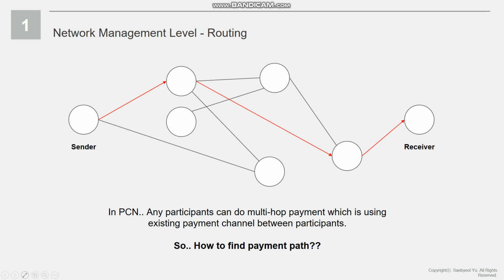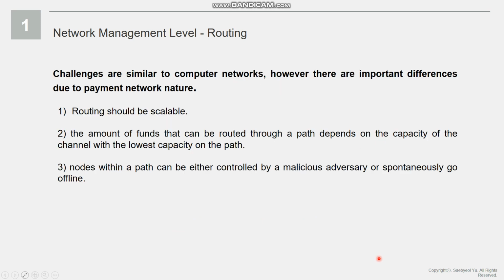In a payment channel network, any participant can make multiple payments using existing payment channels between the participants. So what's the problem? How to find a payment path? These routing challenges are similar to computer networks.